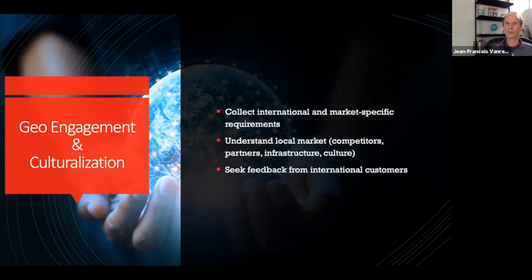As they commute to work in the morning, they didn't have connection in the train, or it was expensive to do it through a mobile phone and so forth. So they wanted to download the whole documentation in a PDF format, and that was very unique to Japan, because in other countries, people, maybe they don't read the documentation while they go to work and stuff like this. So you have to understand all those nuances in order to provide, again, a good experience to your customers.